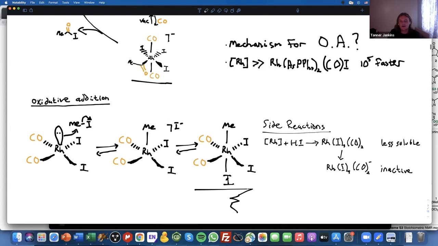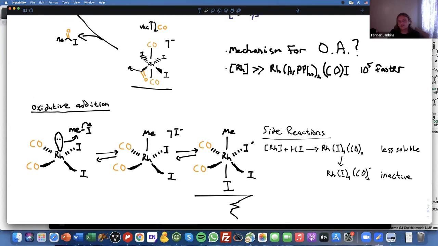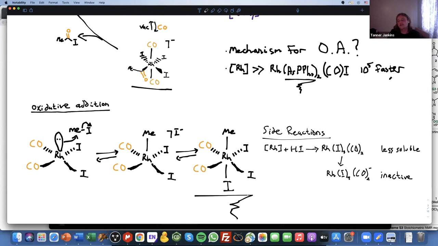And so another supporting factor for this was the fact that these anionic rhodium species are really key for the reaction to proceed at the rates that it does. If you simply swap the ligand sphere, and instead of having a strongly electron donating iodine, you change that for these triphenyl arsenanes, which is a simple analog of triphenylphosphine, which is also electron donating, the reaction proceeds 10 to the 5th times slower.